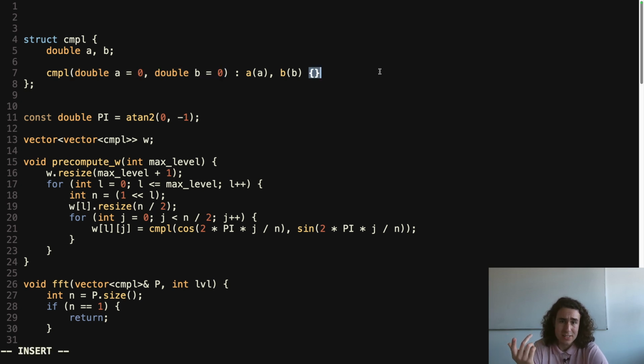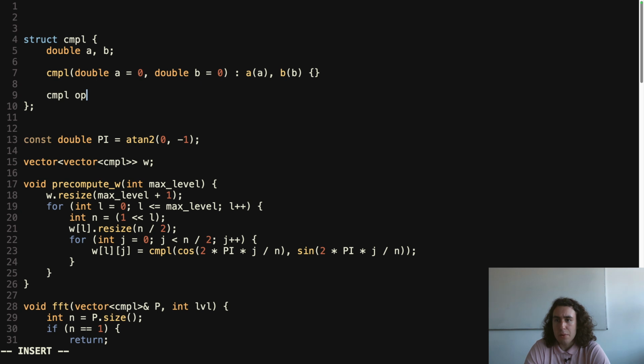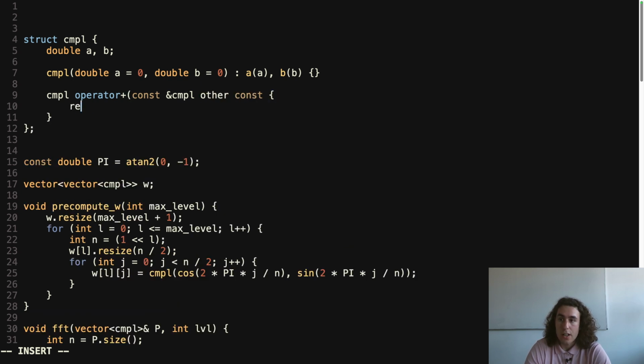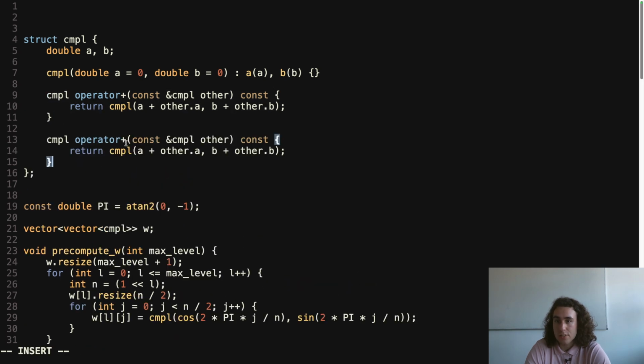If we don't pass anything, it's 0. Now we implement operator plus, which is going to take another complex number, and it's going to return a complex number which is a plus other a, b plus other b. We can do subtraction the same way.